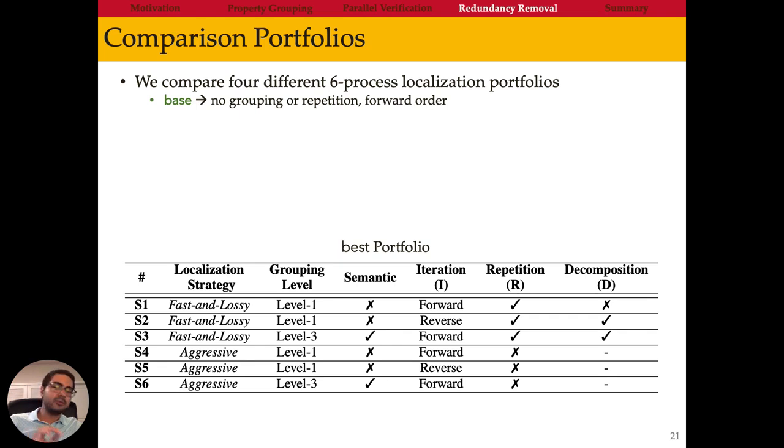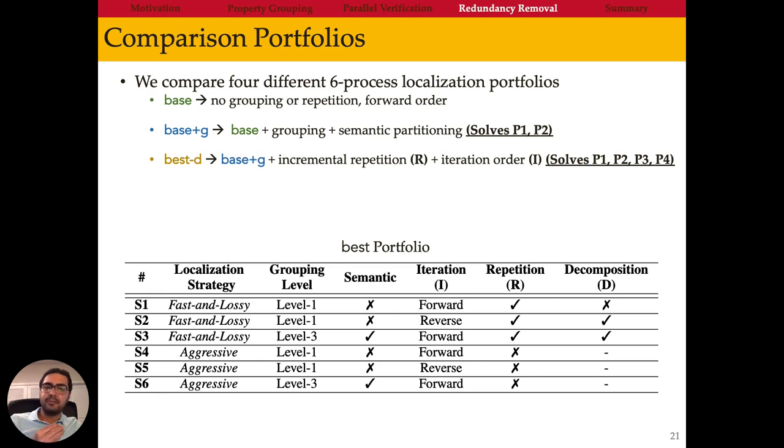Note that base represents a state-of-the-art localization portfolio without grouping. The next is base plus G, that extends the base portfolio by adding property grouping and semantic partitioning and solves the parallel verification problems of underutilized and idle resources. The base plus G portfolio represents a state-of-the-art localization portfolio with grouping.